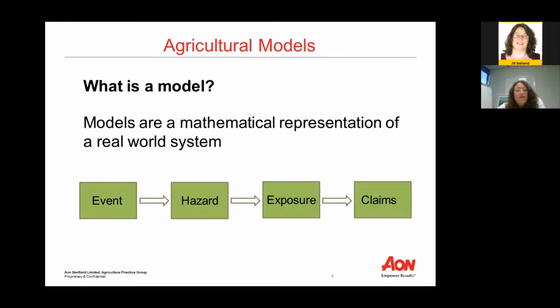So in our case, it's going to be crops, but it could be buildings, it could be anything. And then from there, for insurance, we go the extra step where we work out what the claims are. And that basically needs an understanding of the policies that are in place.